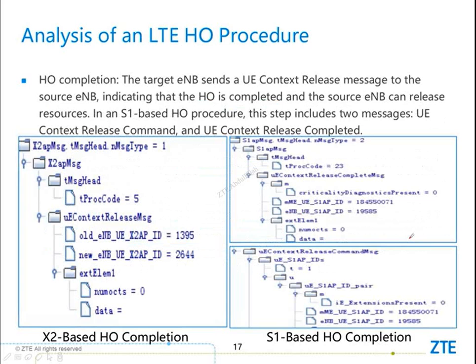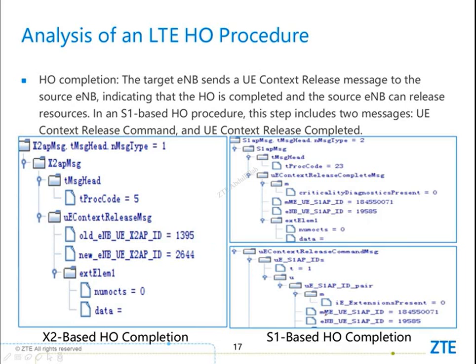Last is the handover completion. Completion also has X2 based handover completion and S1 based handover completion. X2 based is easy: the new eNodeB will send a message to the old eNodeB. This message is a context release message.